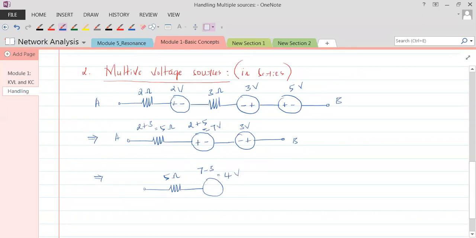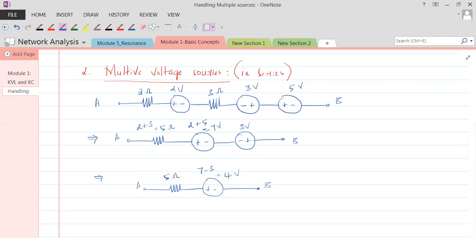We are doing 7 minus 3. 3 volts is having different polarity from the 7 volts. Now the resulting voltage should have which polarity? The resulting voltage should have the polarity of the dominant voltage between the two. That is, 7 volts is the greater voltage, right? So let's keep the polarity of that. So this is how I can deal with multiple voltage sources in series.